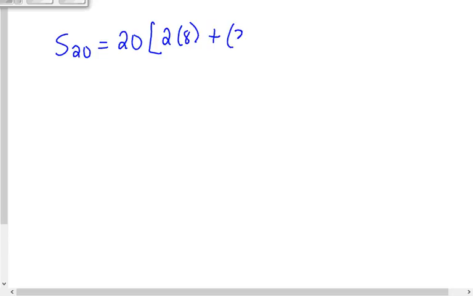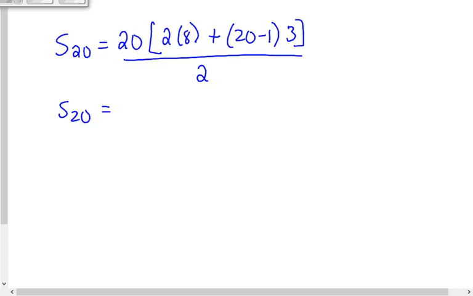We're looking for the sum of 20 terms, and our difference was found to be 3. So we'll divide all this by 2. Then we're going to simplify. So 2 can simplify with this to give us 10, multiplied by 16 plus 19 multiplied by 3.